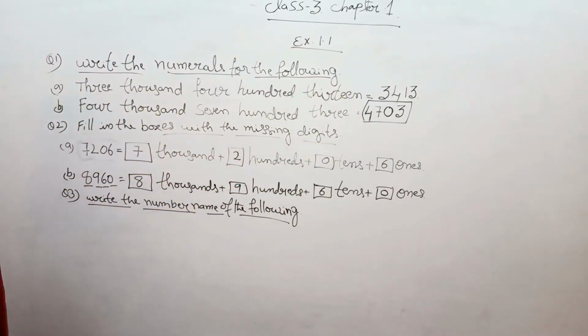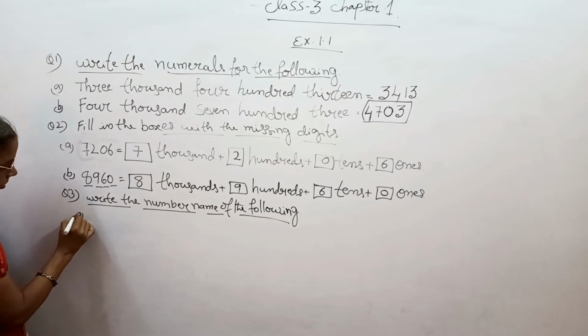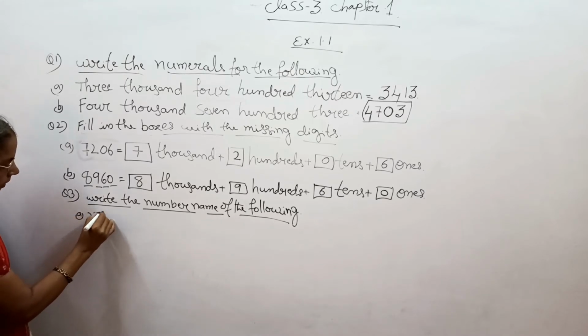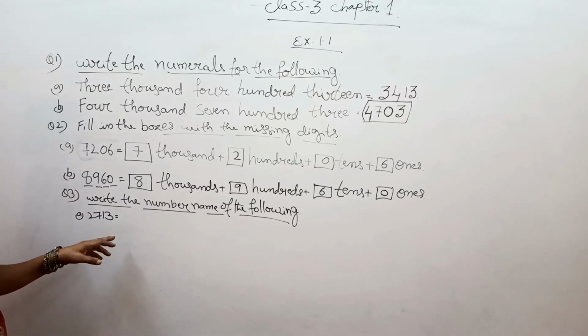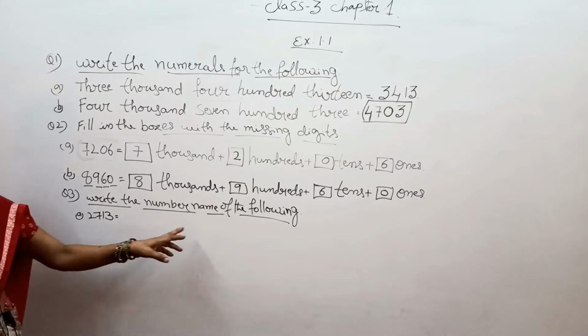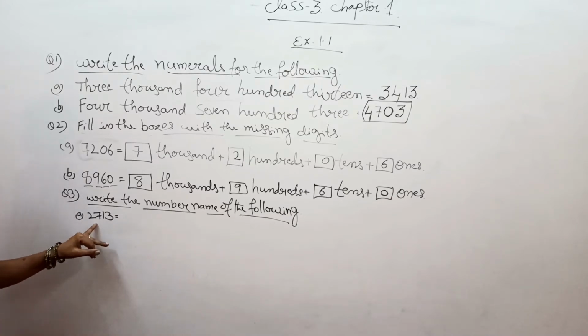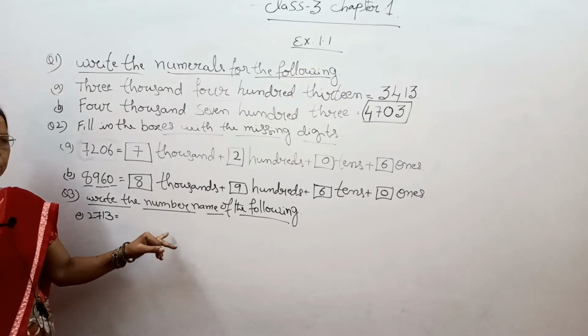That is, first question, 2,713. We have to write the number name, means we have to write this number in words.